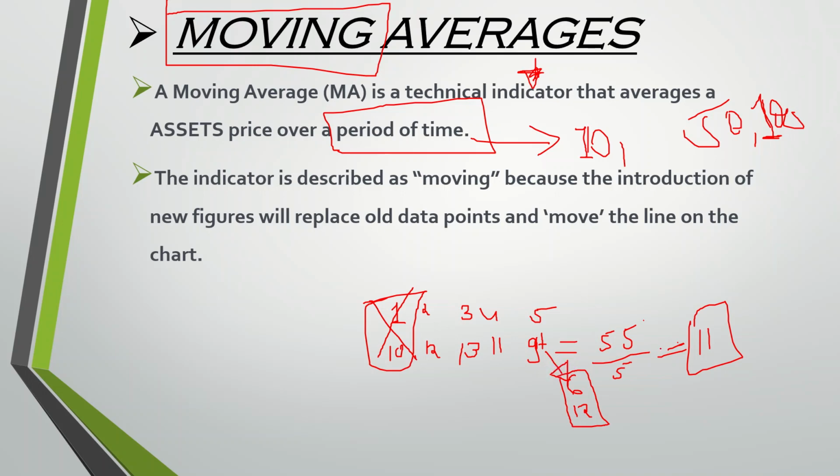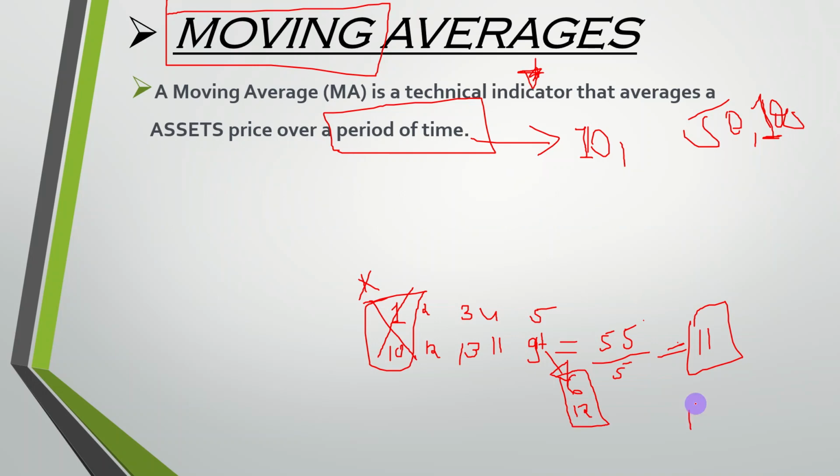Whenever a new data point is introduced, it removes the first value and adds the recent value. So for the new moving average we add 12 plus 13 plus 11 plus 9 plus the new point 12, divided by 5. The new average price becomes 11.4. That's why we call this a moving average. That's how the moving average works.